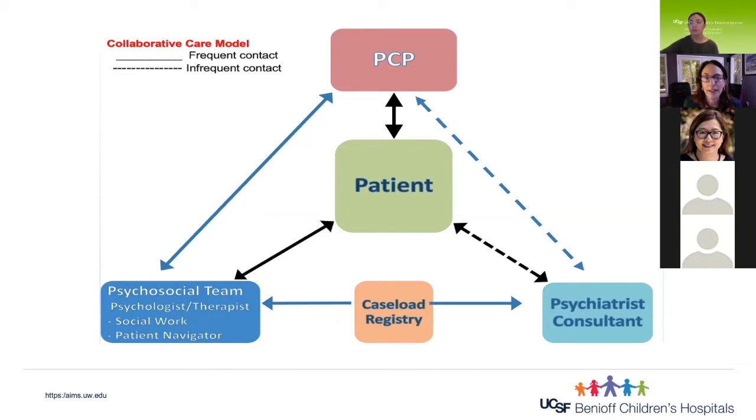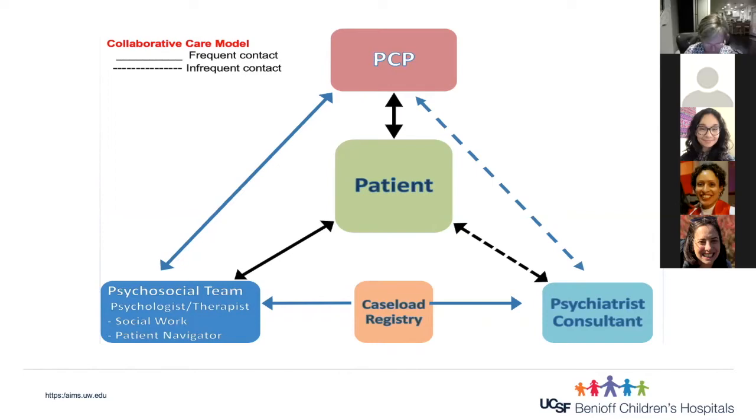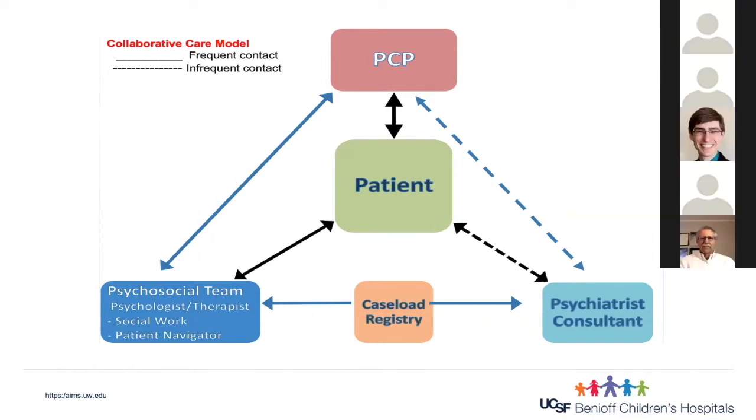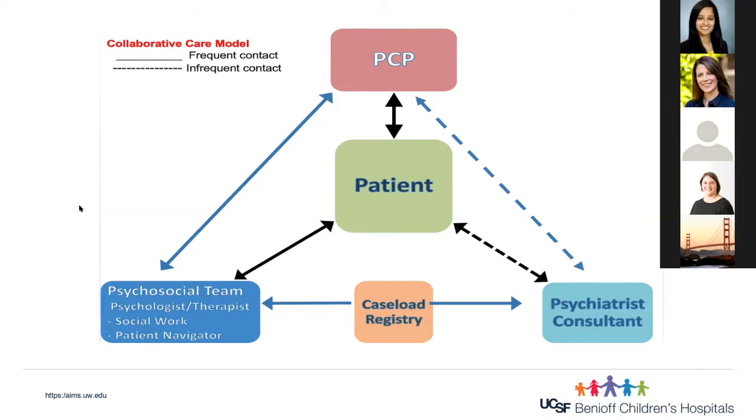And then outcomes are tracked in the caseload registry. And then the psychiatrist consultant, who has the dotted line approach with the primary care provider and with the patient, but who regularly reviews the caseload registry and regularly reviews outcomes, and then can consult with both the psychosocial team and the primary care provider, and then with the patient as needed. Next slide, please.